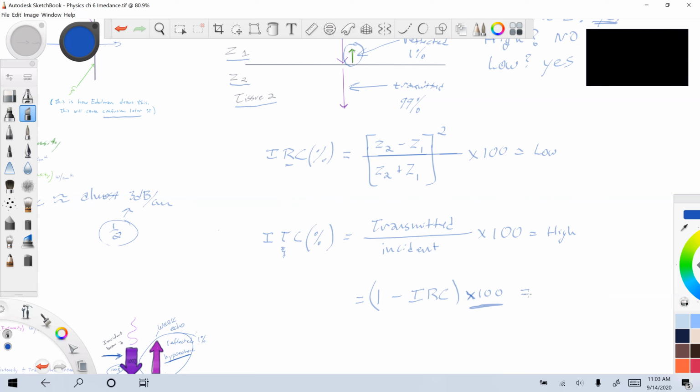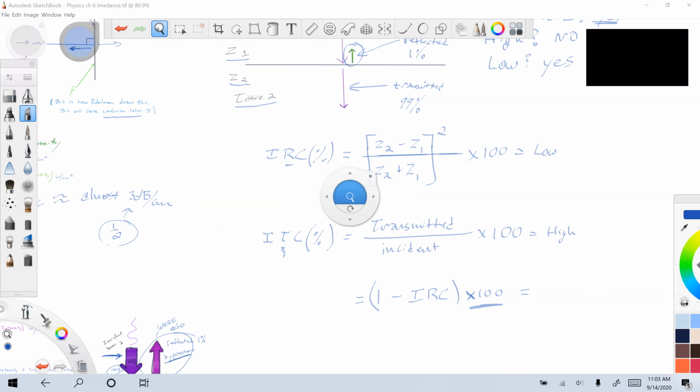Since 100% of the beam intensity must be accounted for, in other words, conservation of energy at the boundary. In the clinical environment, in clinical ultrasonic imaging, 1% or less of the incident sound beam is reflected at the soft tissue boundary. That's important: soft tissue. If it's hard tissue, then that's a very different number. Thus, over 99% of the intensity is transmitted.